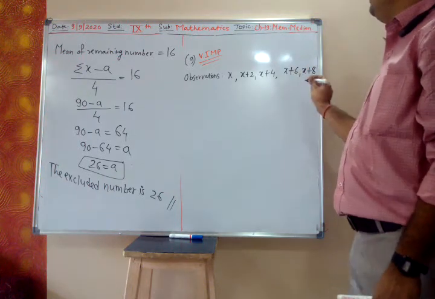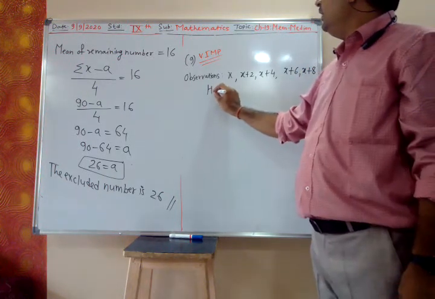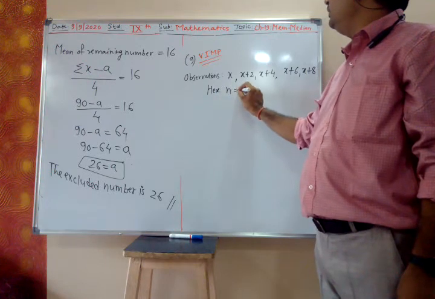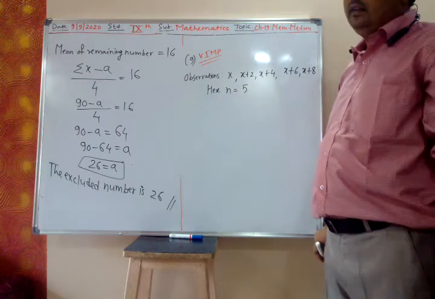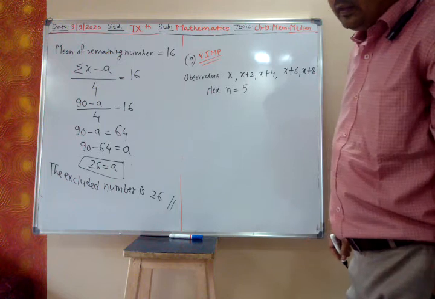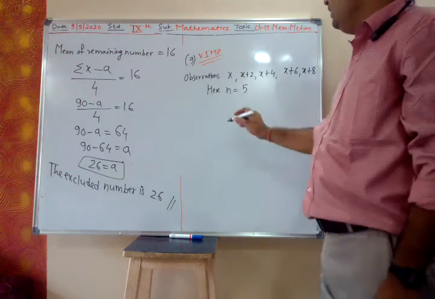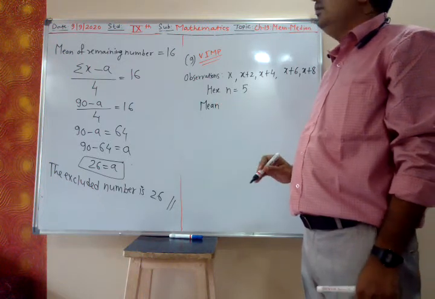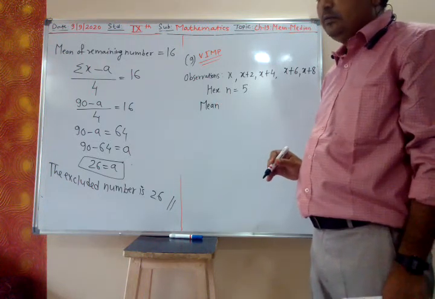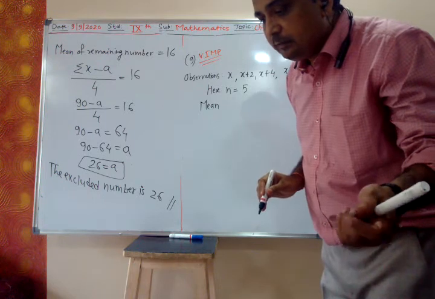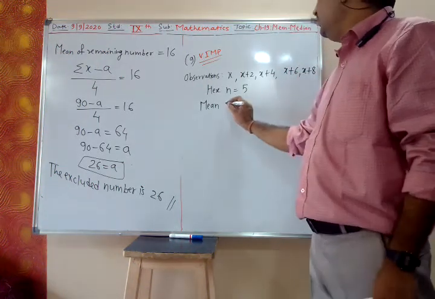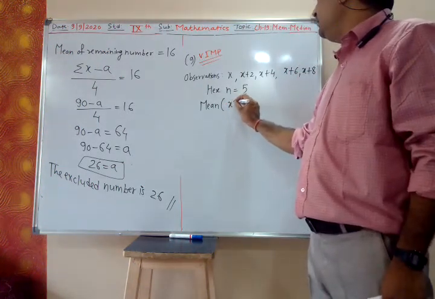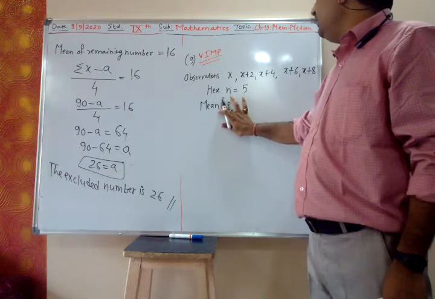We are given 5 values, so small n is 5, the total number of values. The mean of these 5 observations is also given, 11.